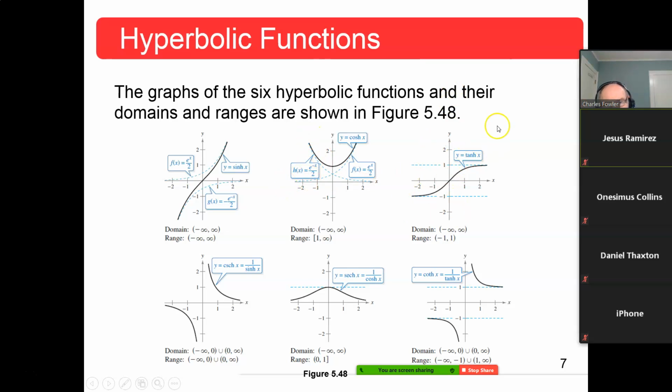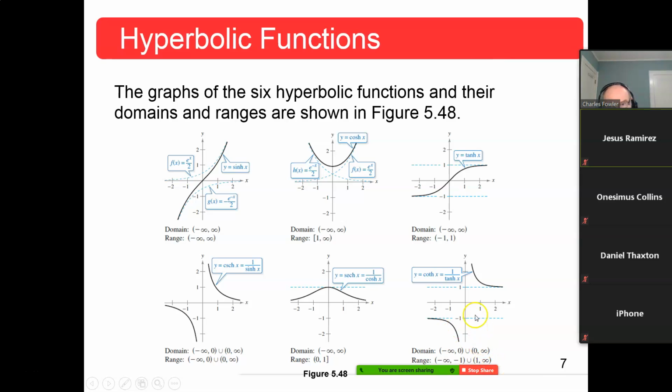Hyperbolic tangent is one-to-one over its entire range. Hyperbolic cosecant is one-to-one over its entire range. Of course, it's not defined at x equals 0, so you have to be on one side or the other of that. Hyperbolic secant is not one-to-one. Again, you'd do from 0 to positive infinity or negative infinity to 0, one or the other.